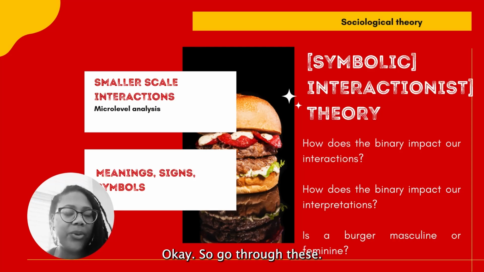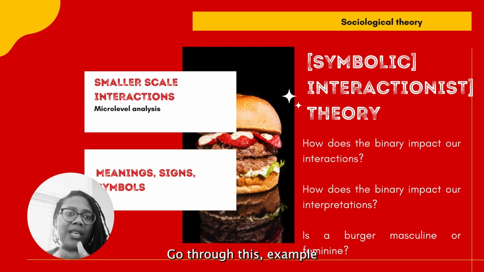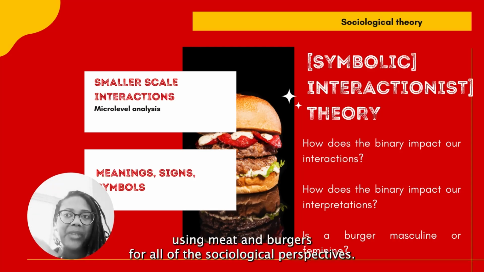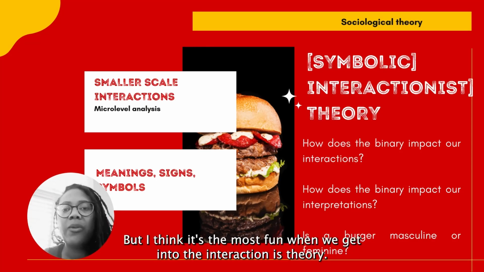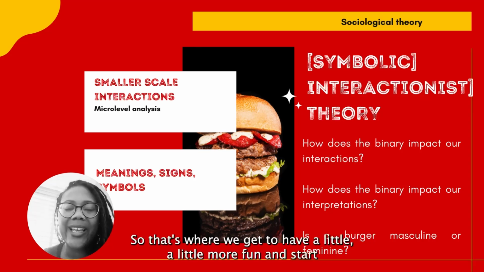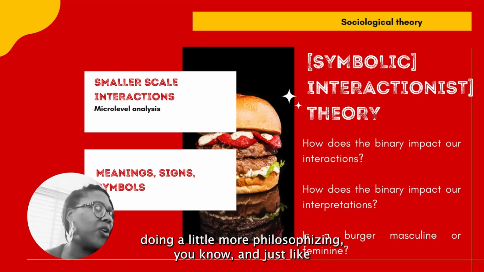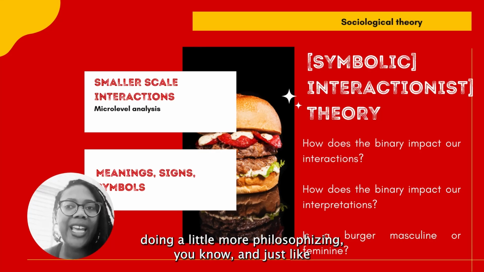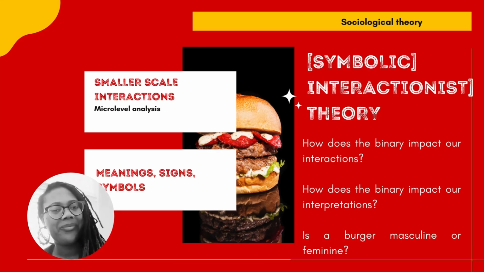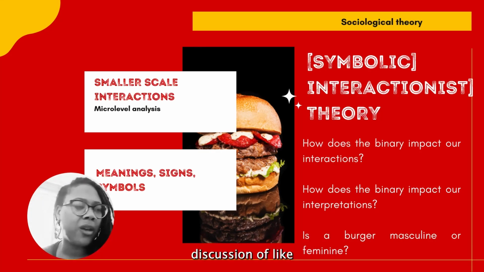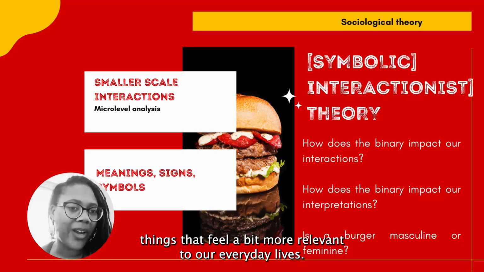So go through this example using meat and burgers for all of the sociological perspectives. But I think it's the most fun when we get into the interactionist theory. So that's where we get to have a little more fun and start doing a little more philosophizing, and discussion of things that feel a bit more relevant to our everyday lives.